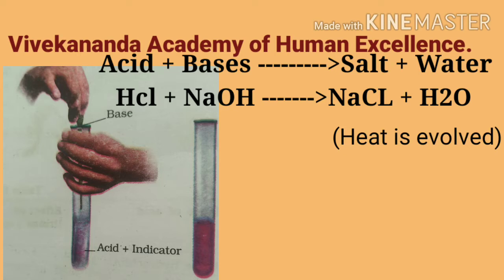When we add 2-3 drops of this indicator to the acid and shake the test tube well, there is no color change. So whenever drops of phenolphthalein indicator are added to an acid, such as HCl, there is no change.